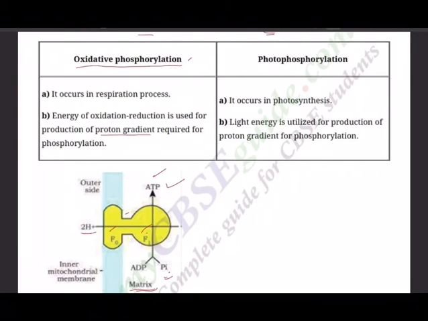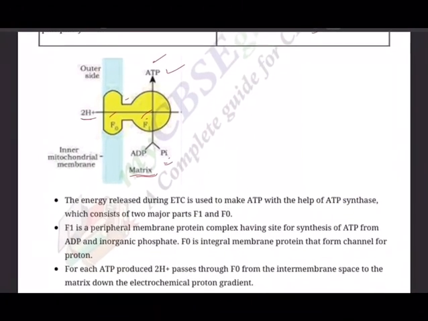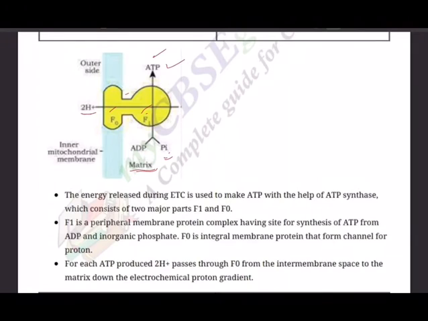In oxidative phosphorylation, the energy of oxidation reduction is used for production of the proton gradient required for phosphorylation, that is, ADP plus inorganic phosphate. In photophosphorylation, light energy is utilized for the production of the proton gradient.